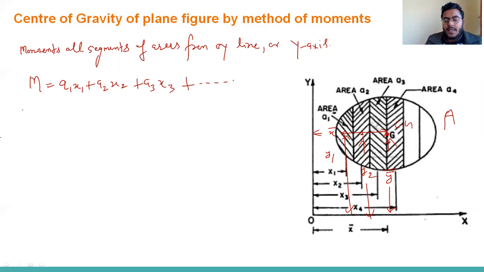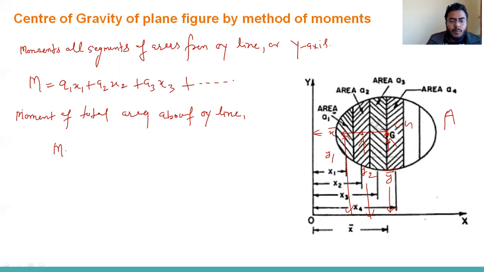The total area is A. So we can write the moment of the total area about the y line, y-axis. The moment will be equal to the total area, capital A, into the distance from the y-axis, that is x bar.